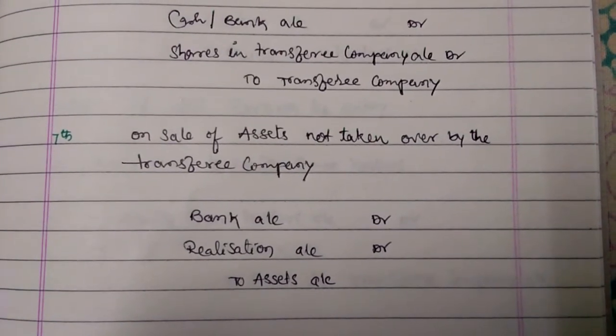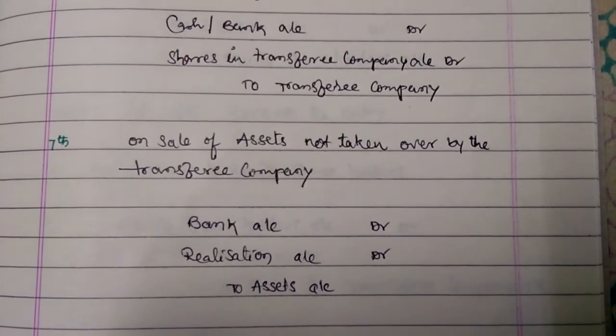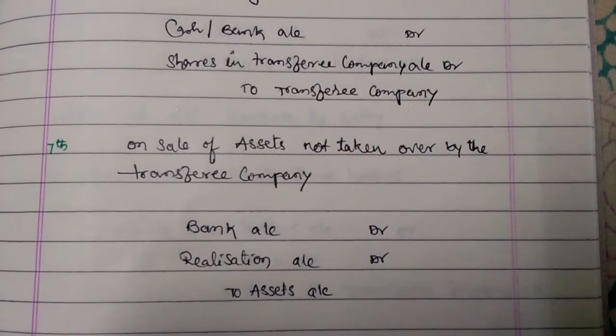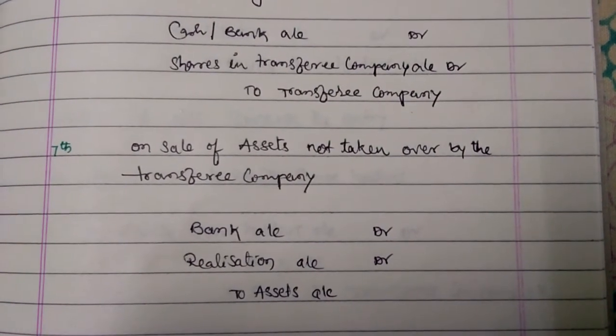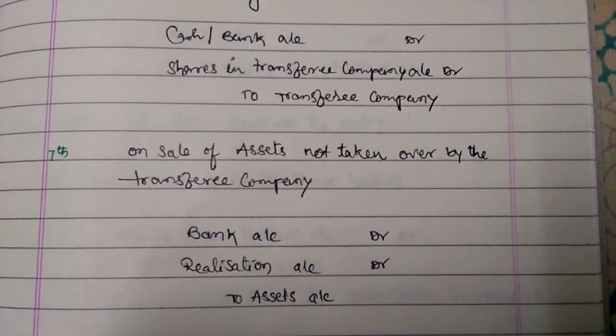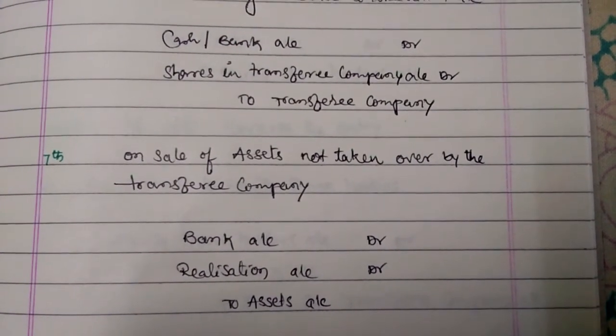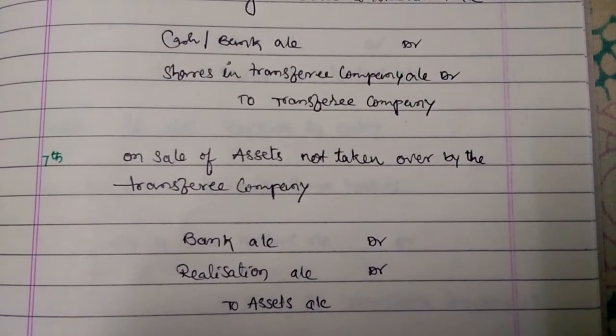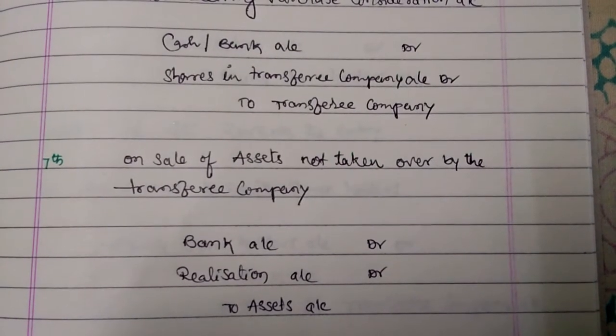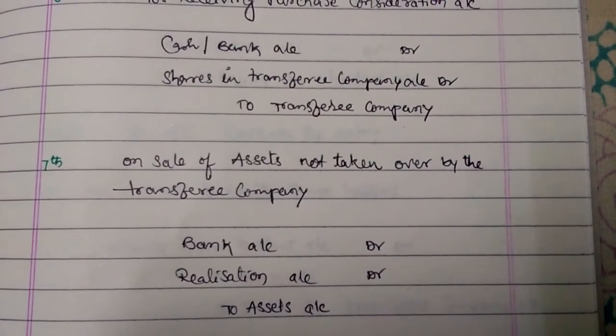Next entry, on sale of assets not taken over by the transferee company. If the transferee company does not take assets, we sell them in the open market. Then: bank account debtor to realization account.